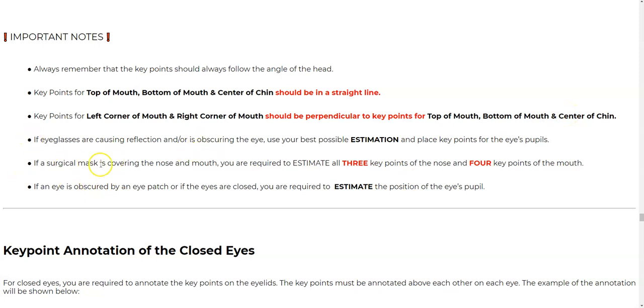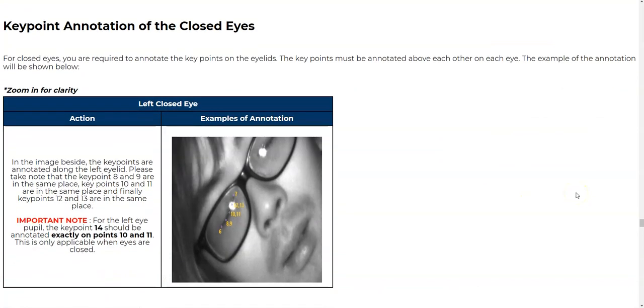If eyeglasses are causing reflection or obscuring the eye, use your best possible estimation and place key points for the eye's pupil. If a surgical mask is covering the nose and mouth, you are required to estimate all 3 key points of the nose and 4 key points of the mouth. If an eye is obscured by an eye patch, or if the eyes are closed, you are required to estimate the position of the eye pupil.